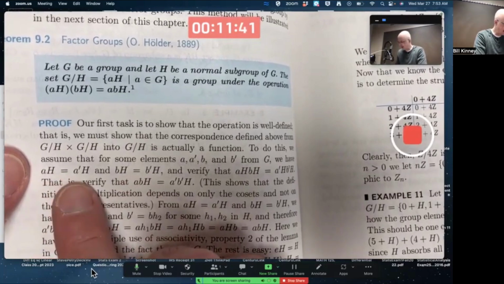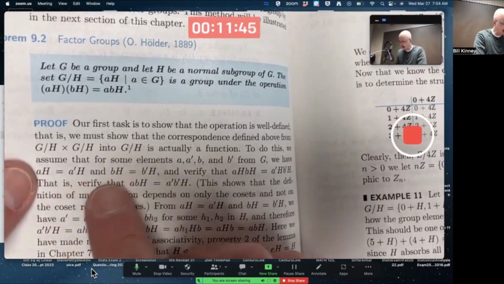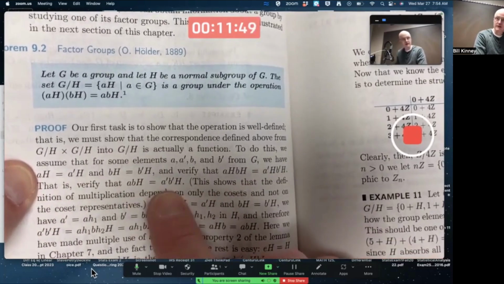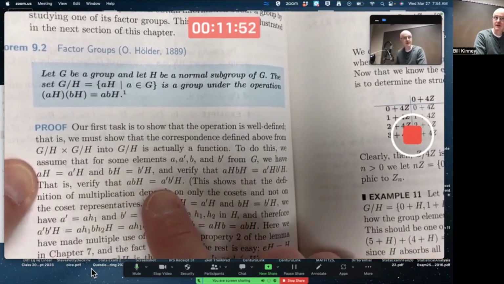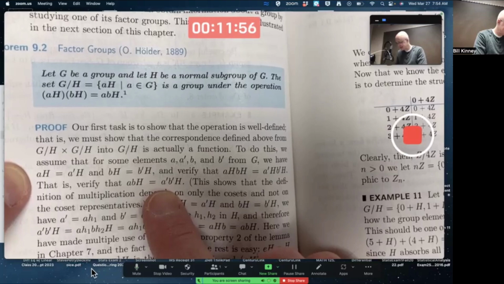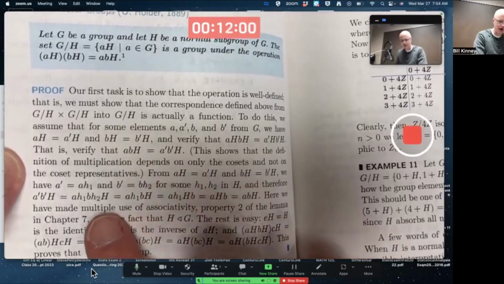If you use a or a prime for this coset, or b prime for this coset, do you get the same thing in the end? Are these cosets the same? That's a big deal, showing things are well defined, that it makes sense. And the verification is based on normality and also uses properties of cosets.